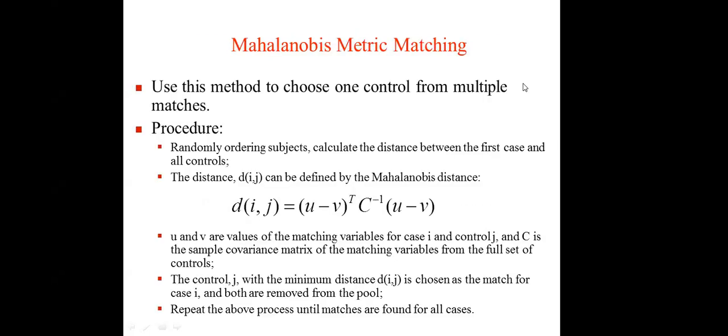Now, this is a little bit trickier, so I just wanted to give you a flavor of it, but it's another method to choose one control from multiple possible matches. And I don't know if anyone in this room, maybe one person, maybe two, knows anything about what that equation says.